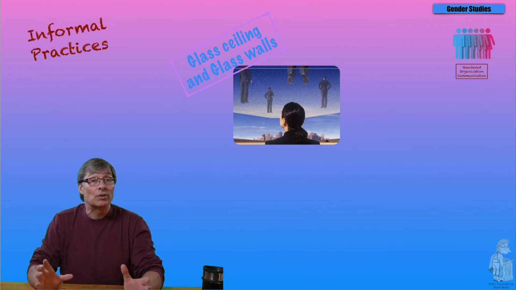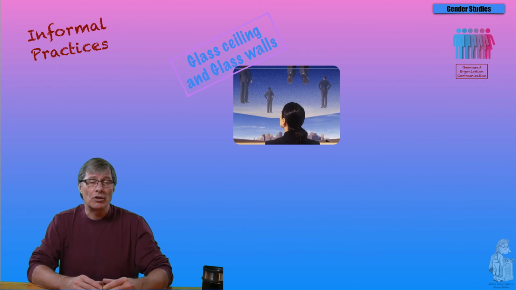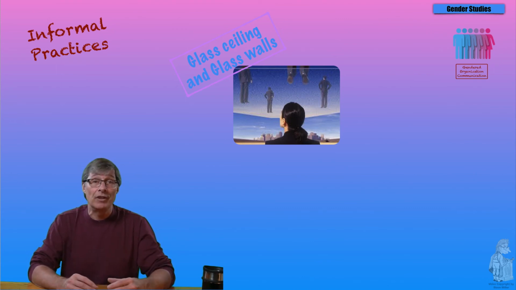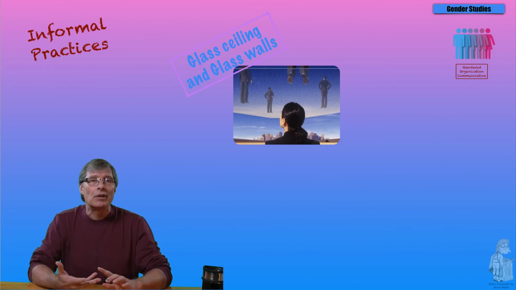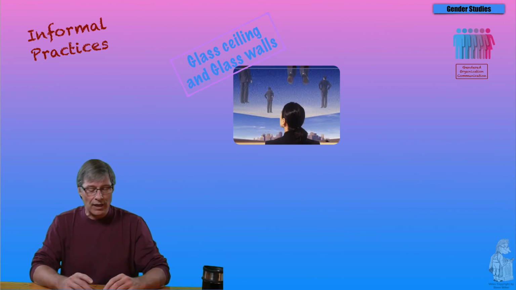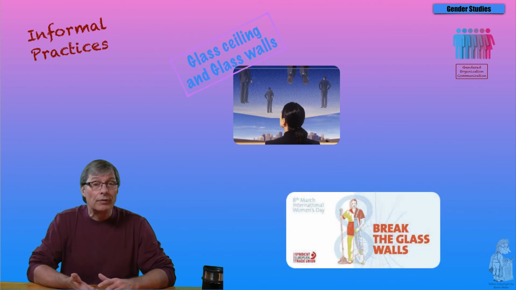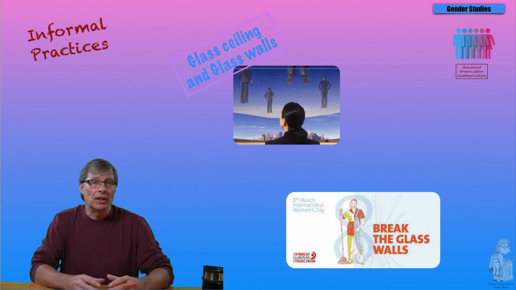The term glass walls is a metaphor for sex segregation on jobs, which means women placed in positions that require traditionally feminine skills: assistance, clerical, counseling, human relations. If you go to any organization and look at their structure and look at human resources, payroll, service, clerical, you'll find those are predominantly women.